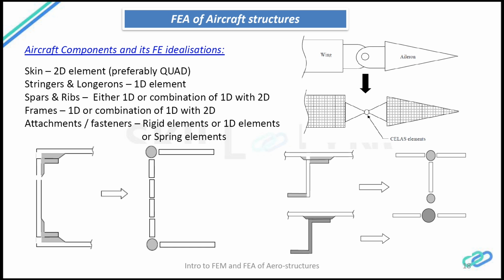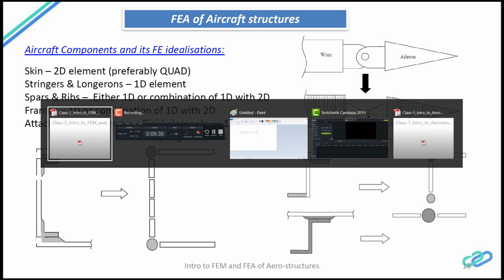So if you want a better visualization, I would advise you to go to lecture 1 of this course, where I have provided some pictures of the aircraft wing interior structure and aircraft fuselage interior structures.